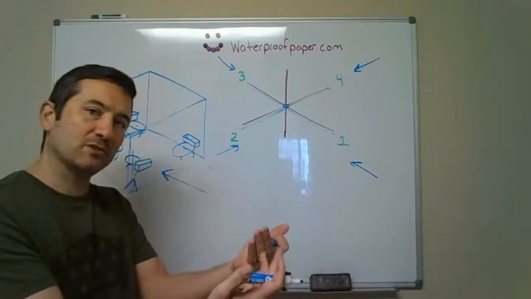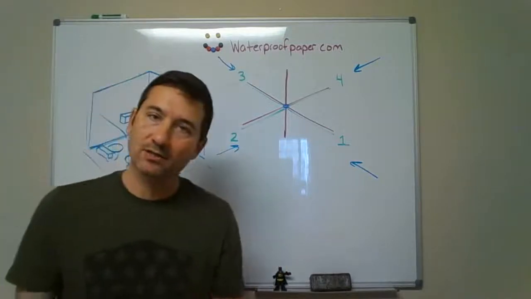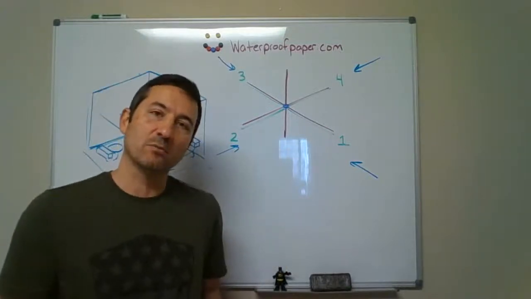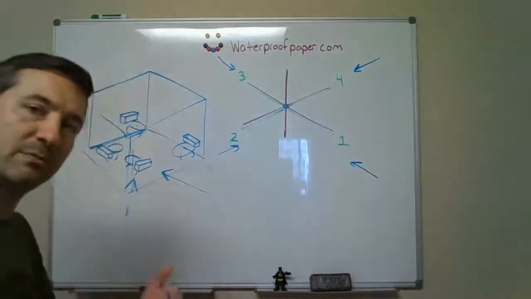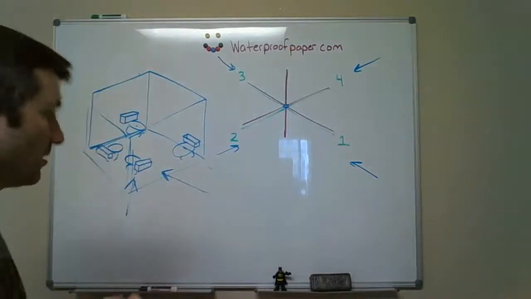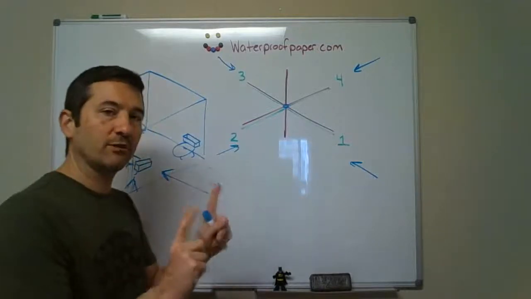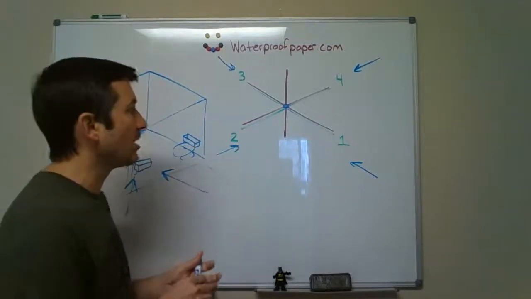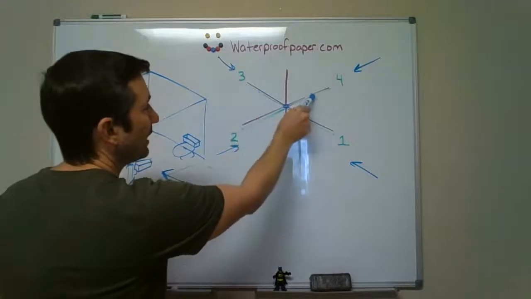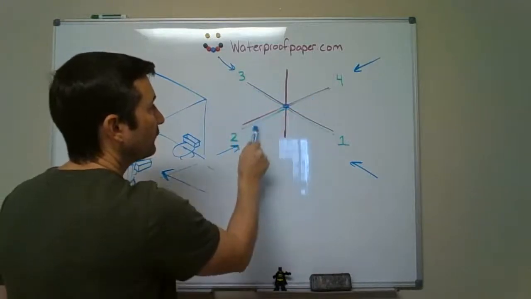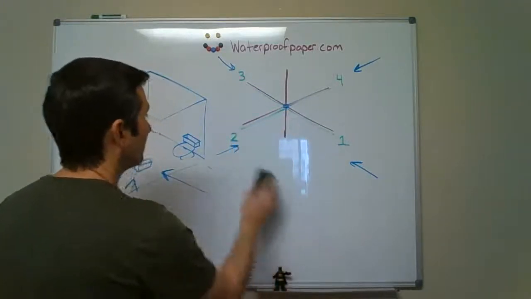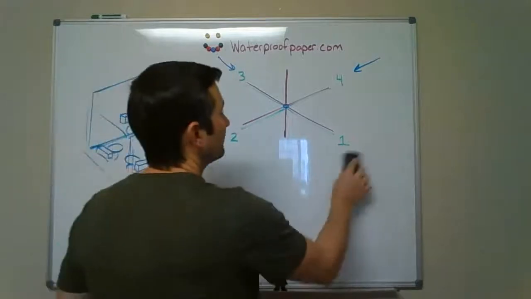Our perspective is changing. We're just walking around it saying, let me see what it looks like from here. Let me walk over to here and see what it looks like from here. So that's what we're doing with these isometrics. And there's 4 different views we can look at each object. And it can help you remember it by seeing these 4 little lines here in that little isometric pattern.